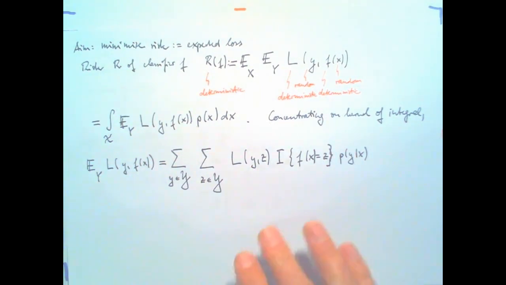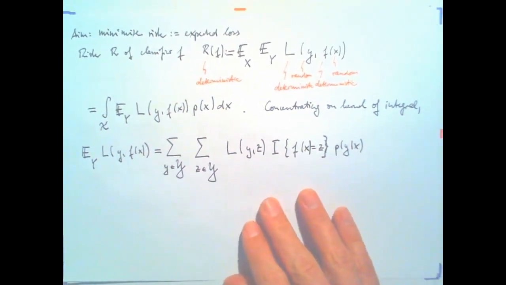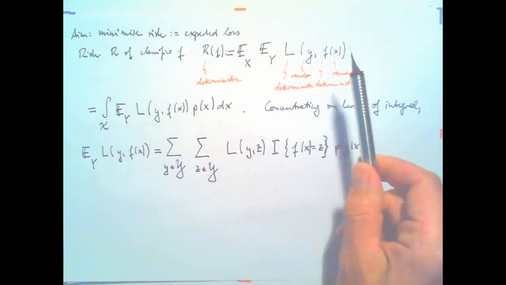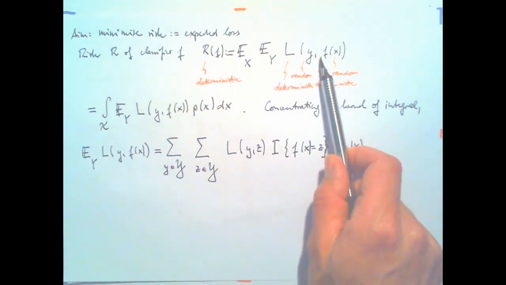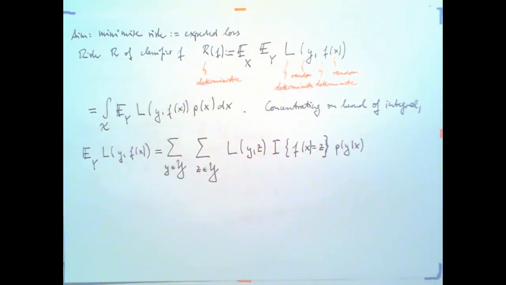So I want to know that if I use a given classifier f, and if my samples come from a specific distribution, on average, how many dollars will I have to pay for having made wrong decisions?